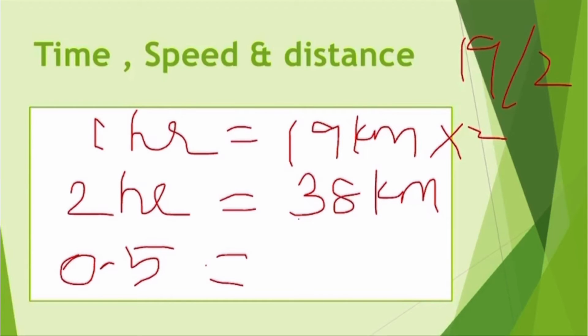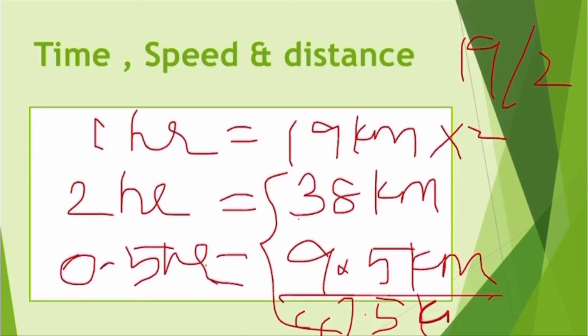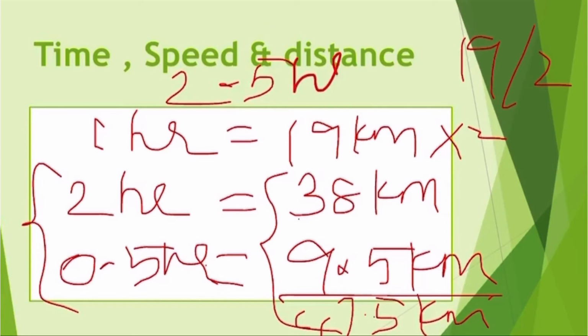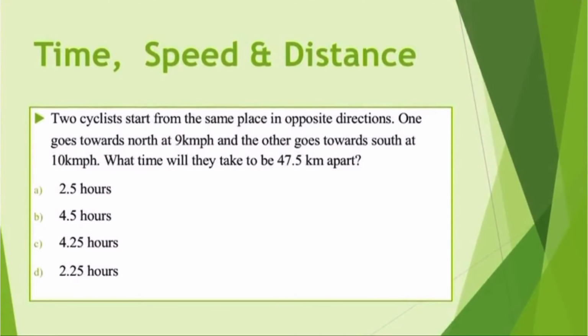It is 9.5 km apart in half an hour. So, if they have to be 47.5 km apart, then it will take 2.5 hours for them. We will look at the options here. A, 2.5 hours. A is the right answer.